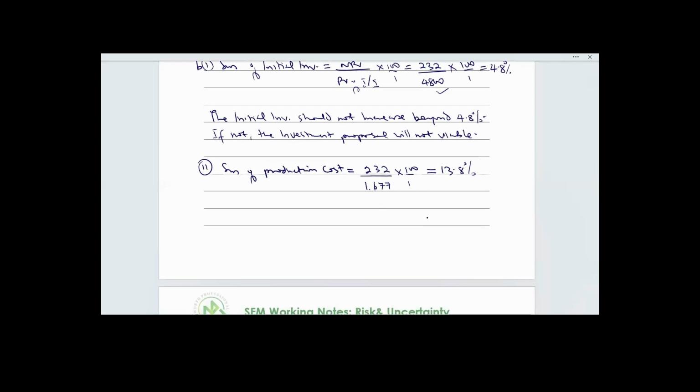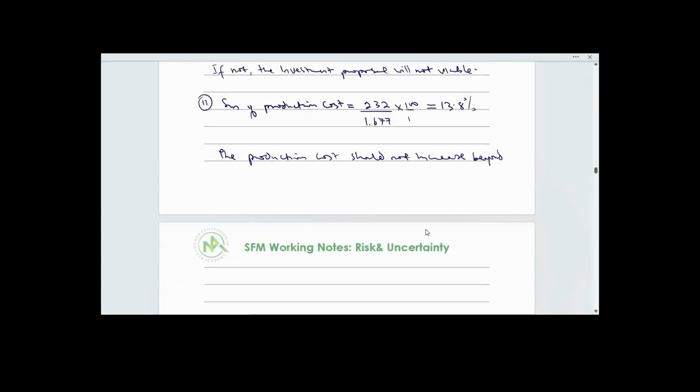I would then say the production cost should not increase beyond 13.8%.